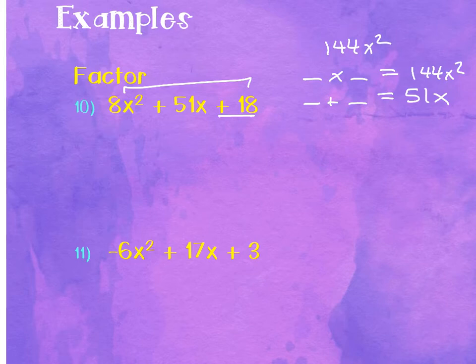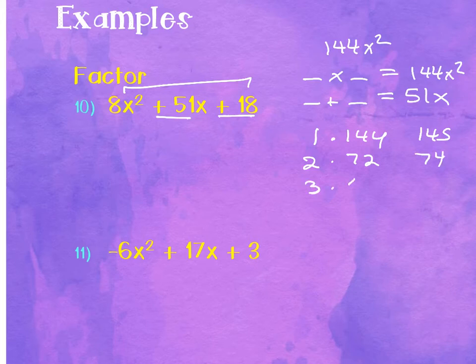Signs need to be the same, and they're both going to be positive. 1 times 144. This gives me 145. Then 2 times 72. That gives me 74. 3 times 48. Oh, wow, there we go. 3 plus 48 is 51. Here are my two numbers.